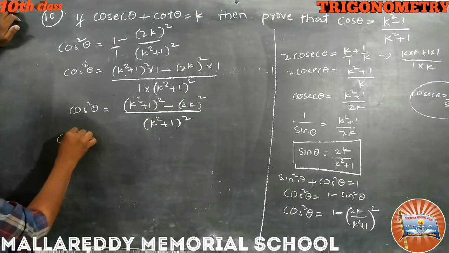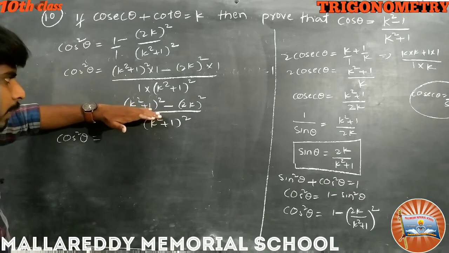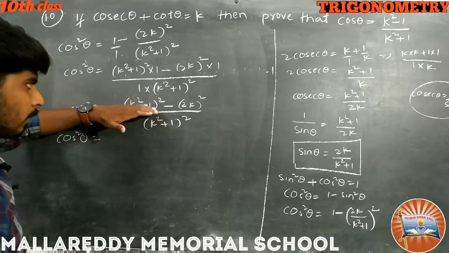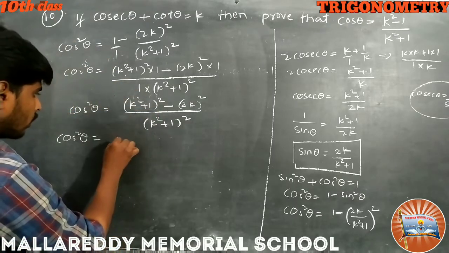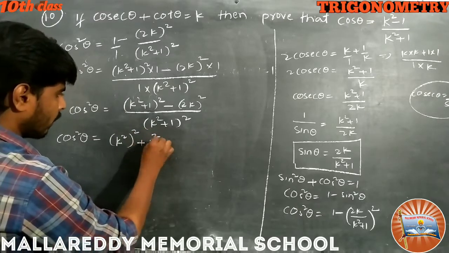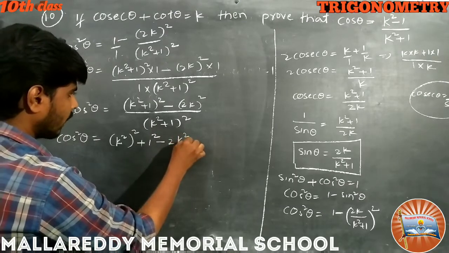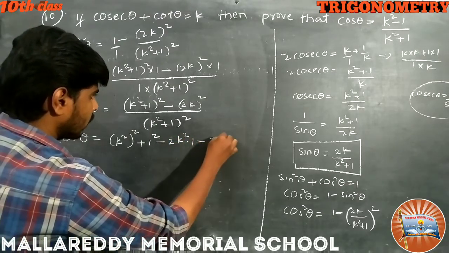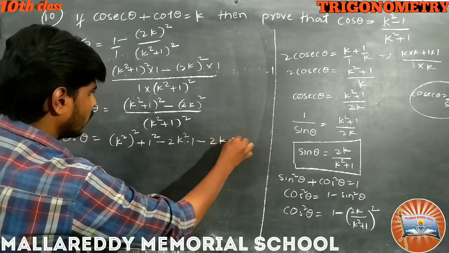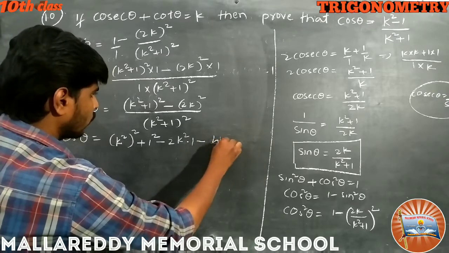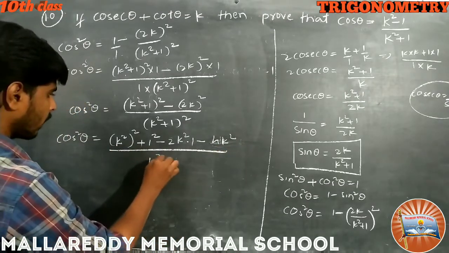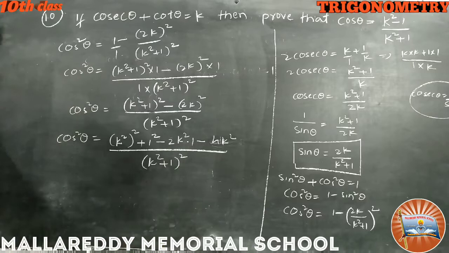So next, cos square theta is equal to, this you can write with the a plus b whole square formula. I am going to apply here the a plus b whole square formula, which is nothing but a square plus b square plus 2ab. So (k square) whole square plus 1 square plus 2 into k square into 1, minus 2k into 2k, nothing but 4k square, by (k square plus 1) whole square.